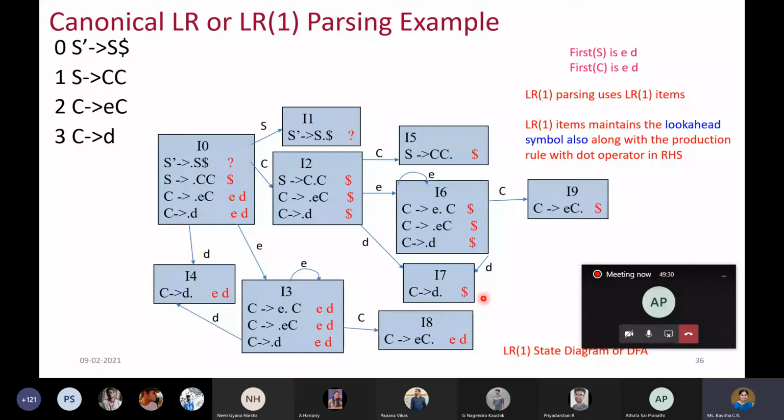If you observe, with C equal to D dot, we have two states, I4 and I7, but the look ahead symbols are different. So you have to see to which state it has to go when you read D. It is not just the production rules you are seeing now, you also have to check the look ahead symbols.